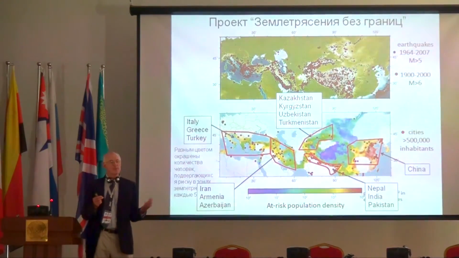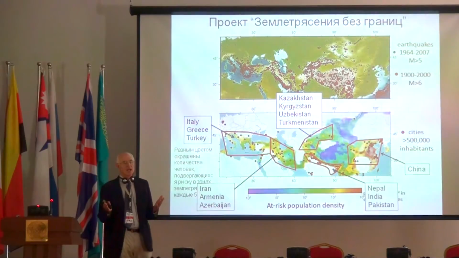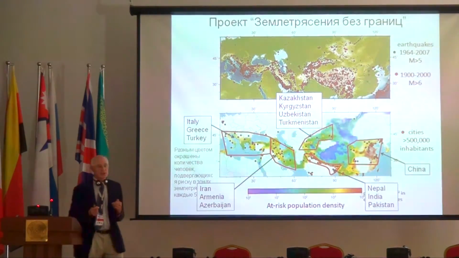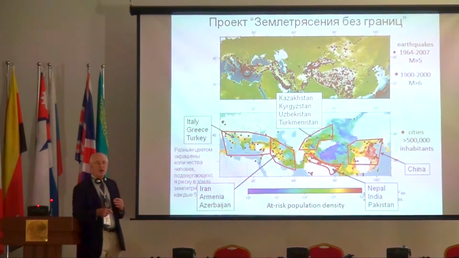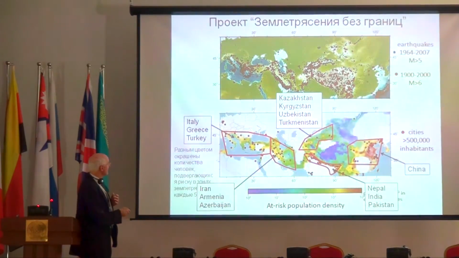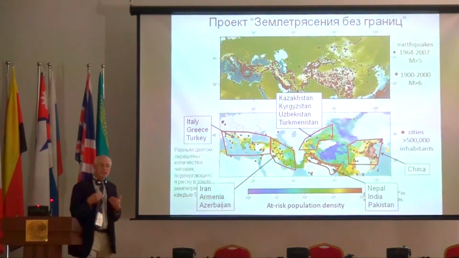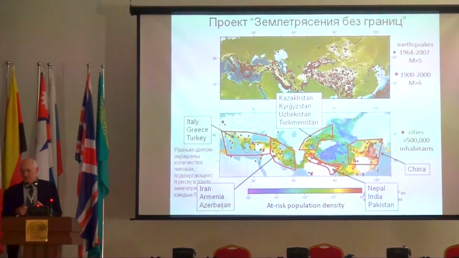So one of the aspects of this partnership is to try and help each other, to share experiences, to try and help train young people to exchange information, data, methods, techniques by talking to each other. So this is a project which has run for nearly 5 years now, and that is the main purpose, is to try and have scientists in these countries working together to help each other. And that is the background to this meeting.